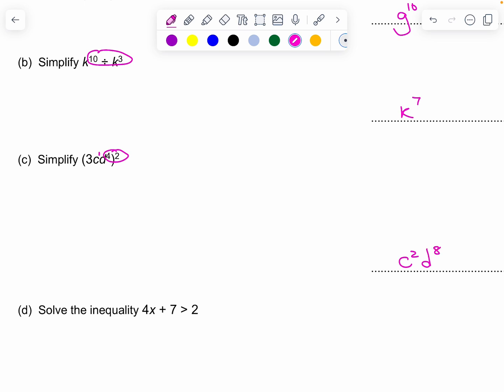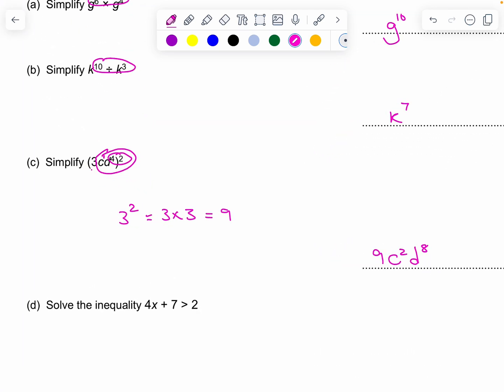We've dealt with this bit, but we've got to be careful. We also have to do 3 squared as normal. So 3 squared is 3 times 3, which is 9. So it's going to be 9c squared d to the power of 8.